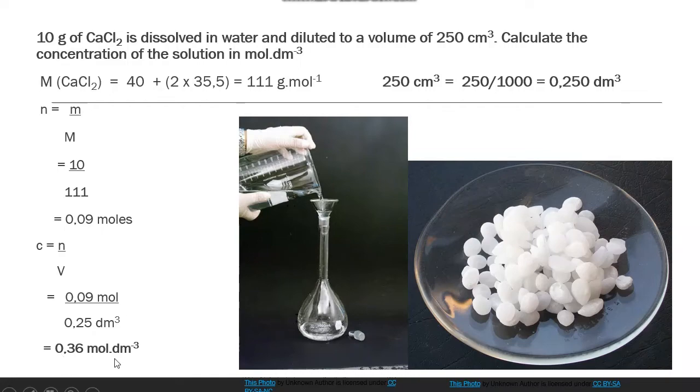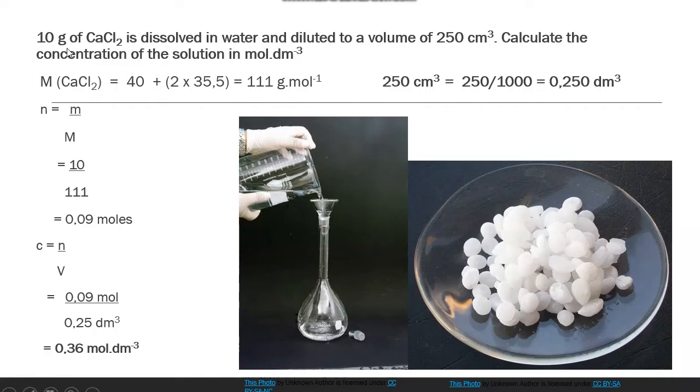So when we finished, we know exactly how many moles per decimeter cubed are in here, and we know that there's actually exactly 0.09 moles of calcium chloride in the standard solution. And this is critically important for when we are using equations and limiting reagents, because we need to know exactly how many moles are able to react out of that solution.